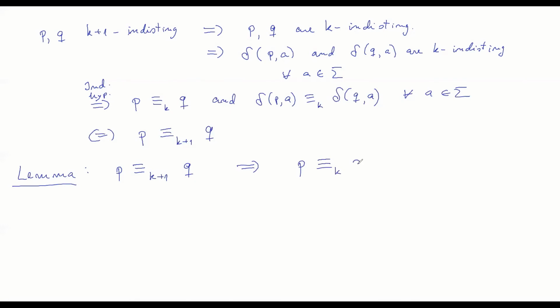This is just a reformulation of something I already mentioned in this lecture, because if they are in this equivalence class, it means by the previous result that they are K plus 1 indistinguishable. And if you cannot distinguish them by looking ahead K plus 1 steps, you certainly cannot do it by looking ahead just K steps, so they are certainly K indistinguishable. And again, by the previous result, it means that they are in this equivalence class K that we have defined.